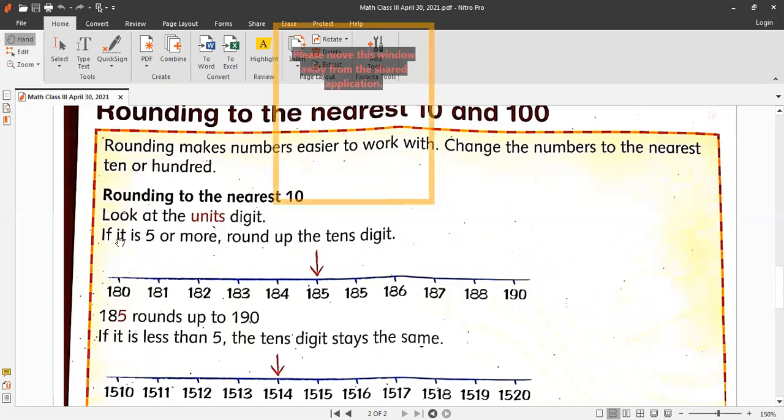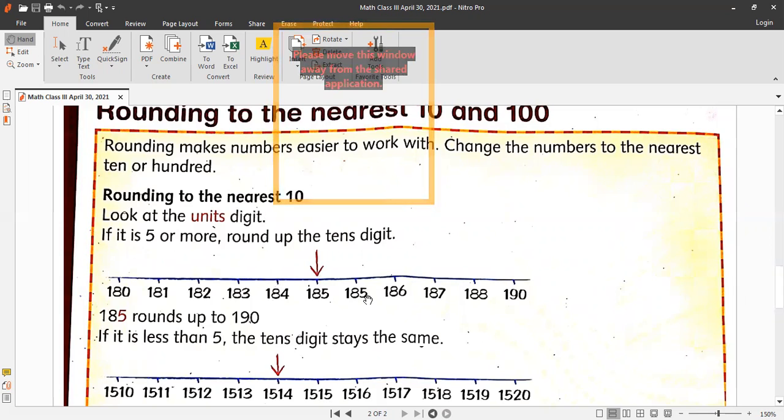There is a rule that if your unit is 5 or more than 5, then round up to the next tens digit. My last digit is 5, so I move on to 190.